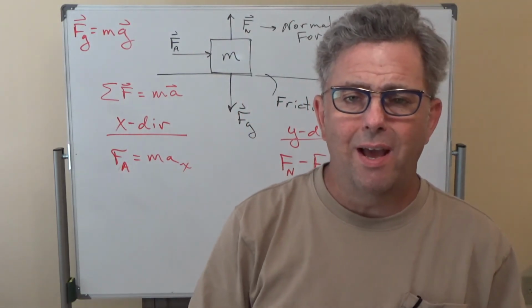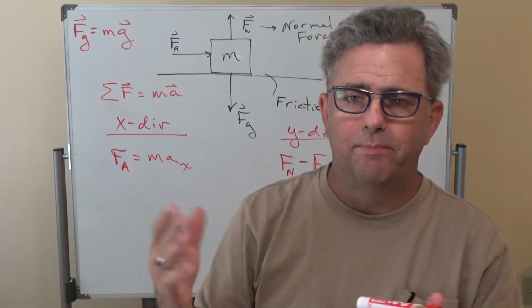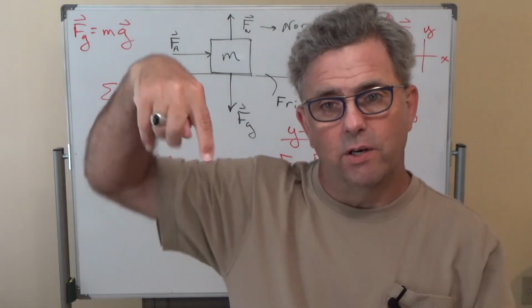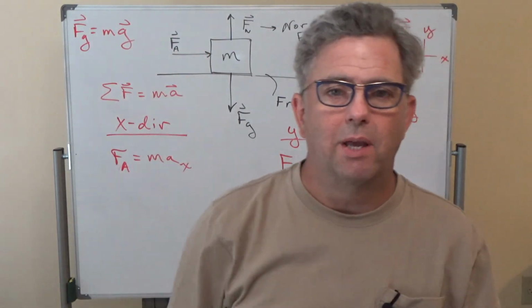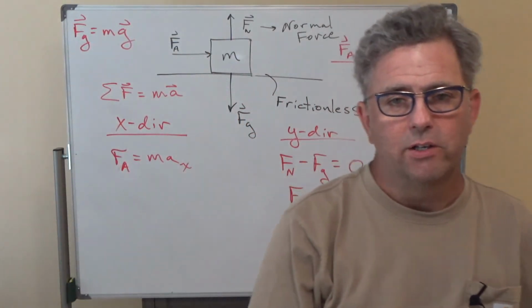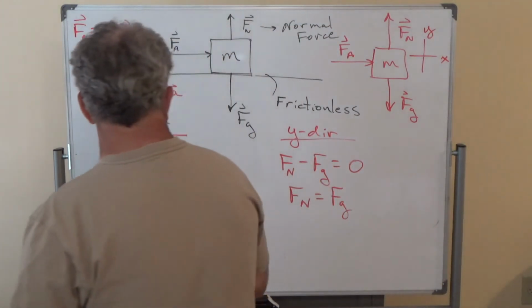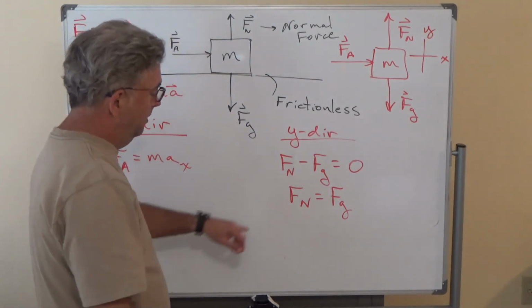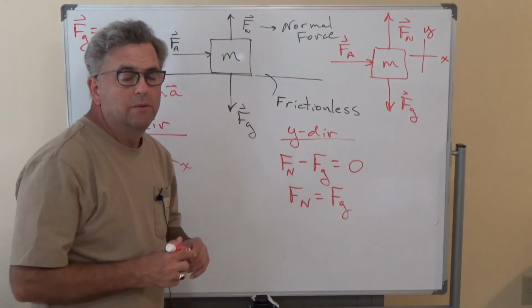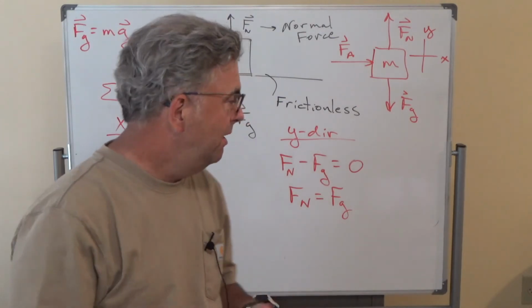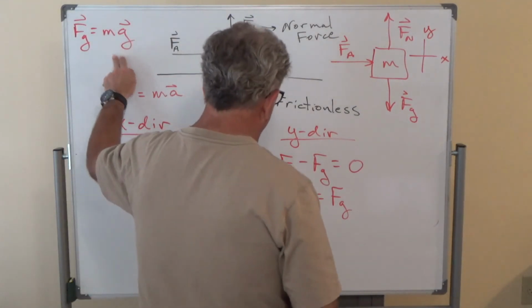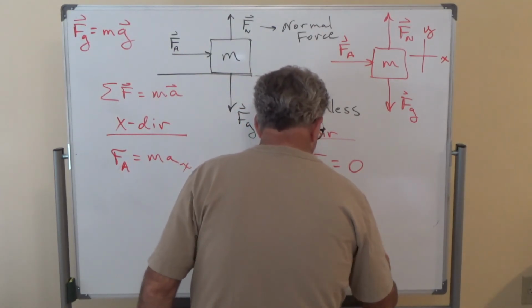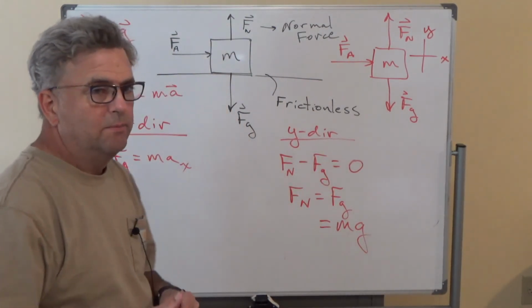I may not do that. We all know that acceleration due to gravity is down, okay? It's in the negative y direction, all right? So that normal force, magnitude-wise, is equal to the force due to gravity. The force due to gravity is mg, so the normal force is equal to just mg.